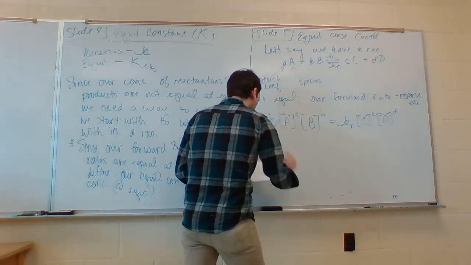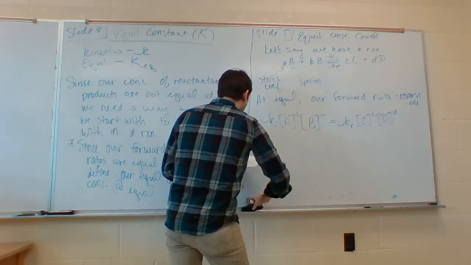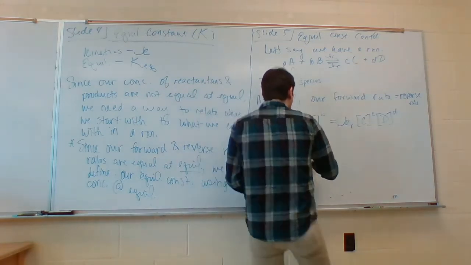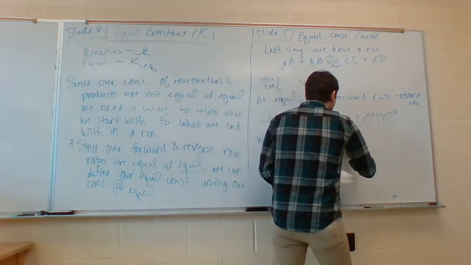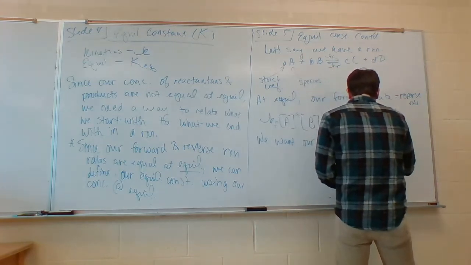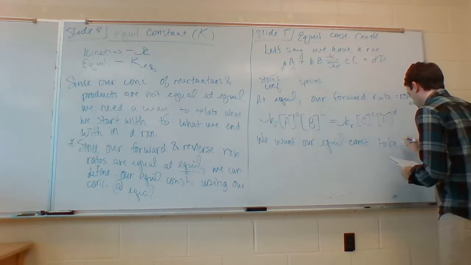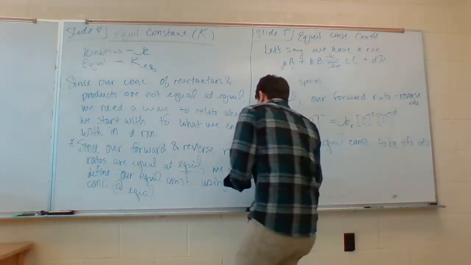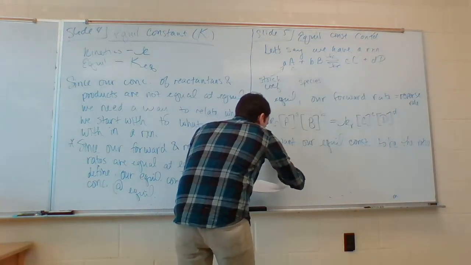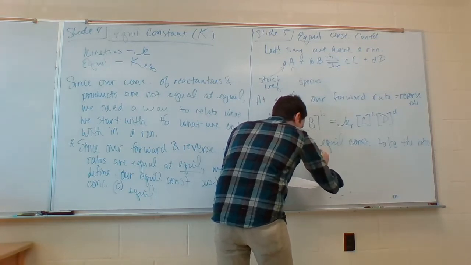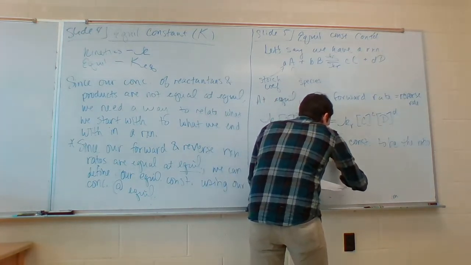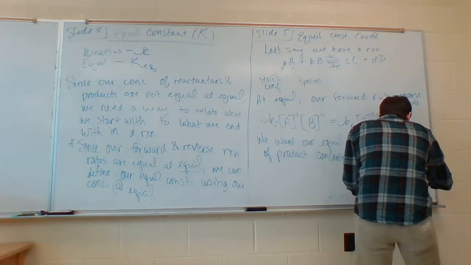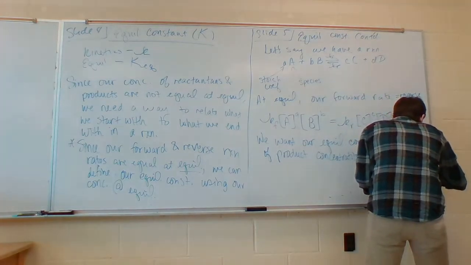Okay? So, if we're looking carefully, then what we're going to say is that we want our equilibrium constant to be the ratio of product concentrations over reactant concentrations.